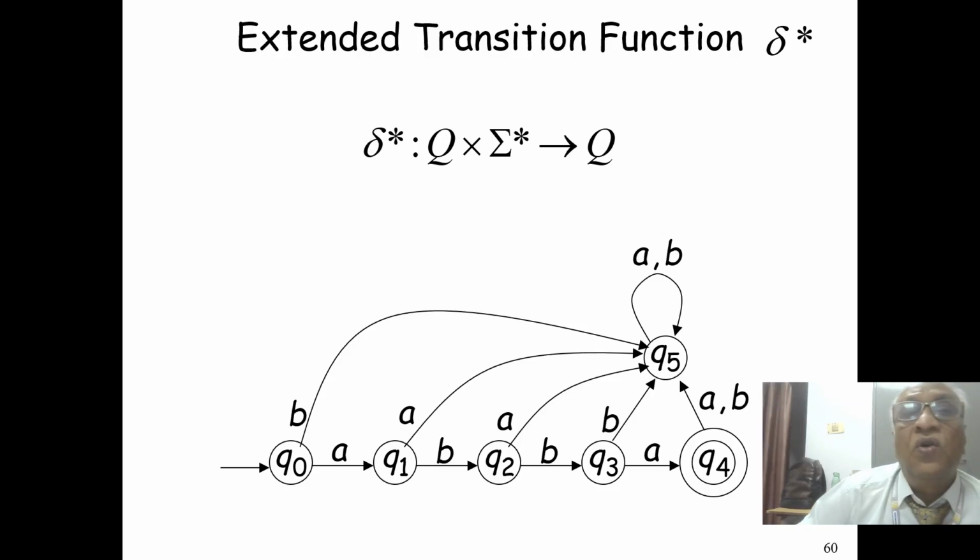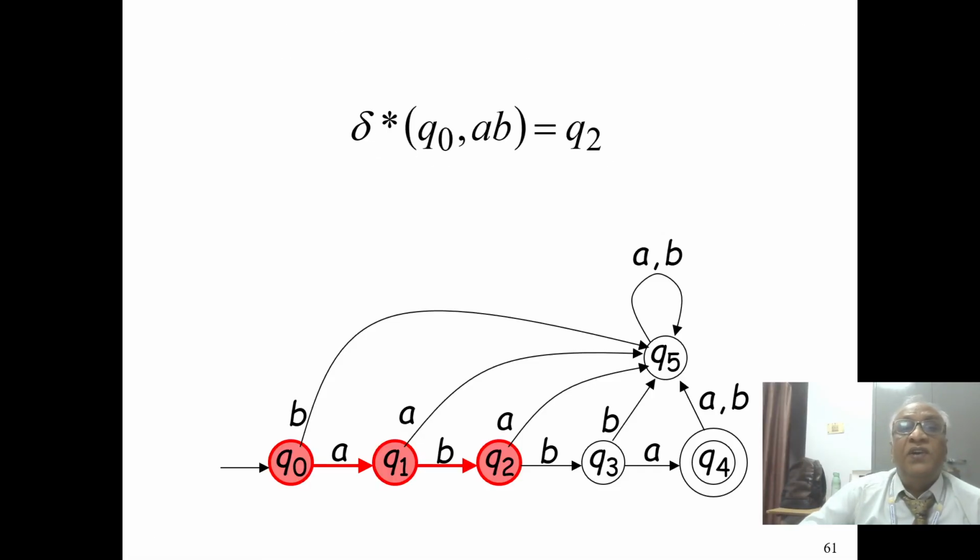So you also have extended transition function given by delta star, where we have sigma star, various possibilities. Extended string will be there. So same, we are at a particular state, the string is given, we'll be reaching a particular state. Say for example, we have delta star Q0 comma AB.